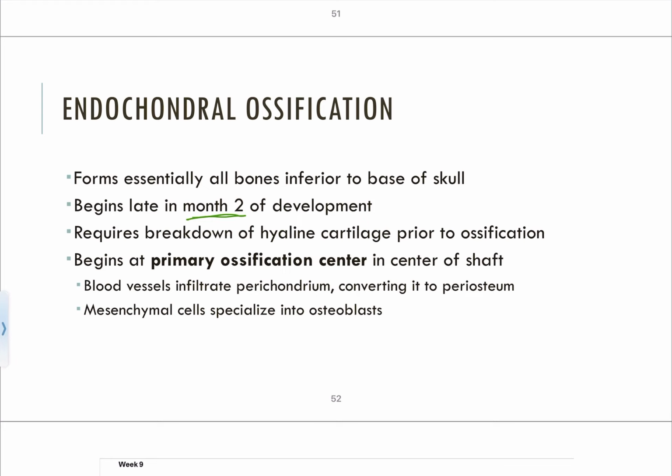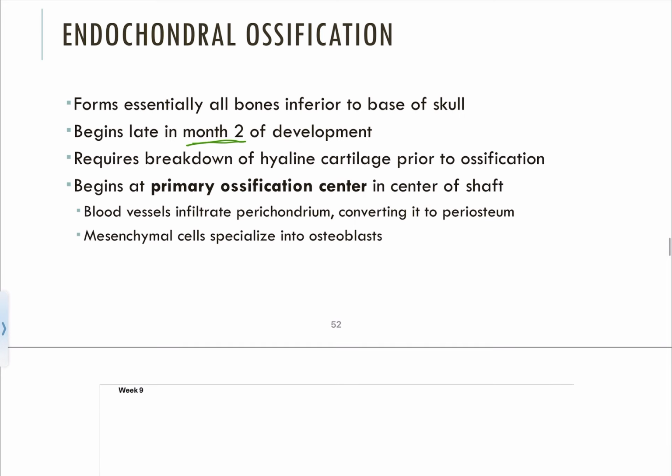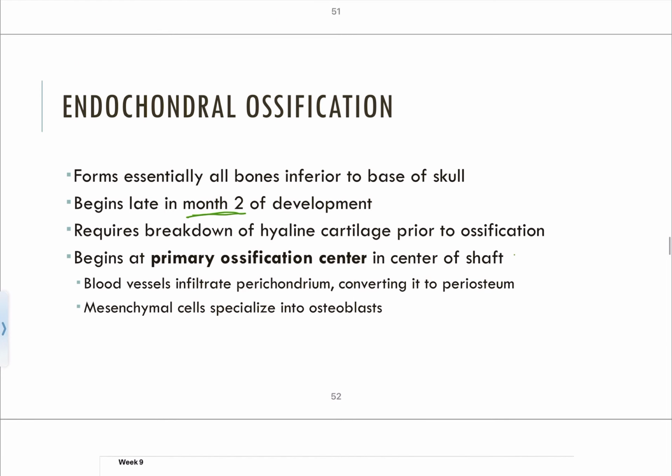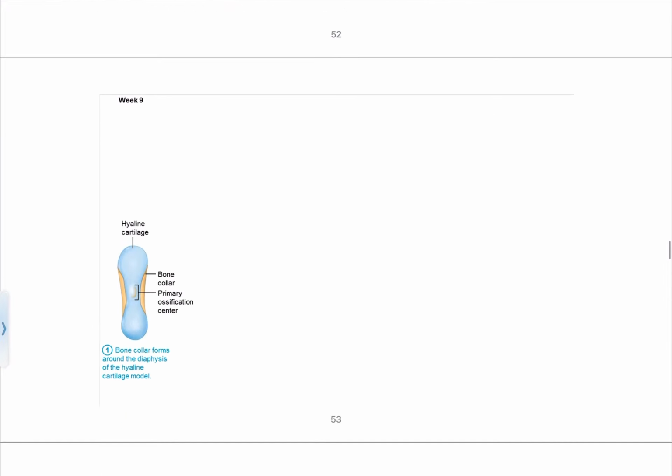We have to start with what's called a primary ossification center, and that's going to be in the shaft of the diaphysis. What's going to happen is that we're going to get blood infiltration from our perichondrium, and then our perichondrium is going to turn into the periosteum. We also have some mesenchymal cells that are going to specialize into osteoblasts, so we can start building our bone matrix.